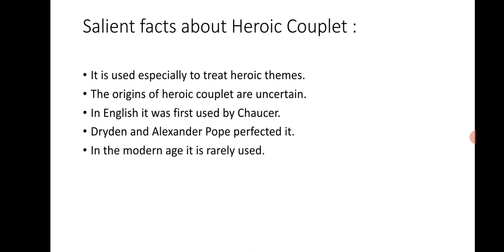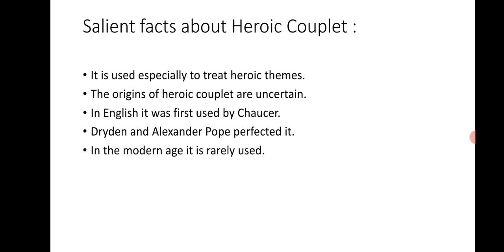Dryden made the heroic couplet a flexible, robust, resonant instrument for his satire. On the other hand, Pope is more nimble, acrobatic, and elusive. He is more like a spiky and mocking magician whose wit glitters sardonically.